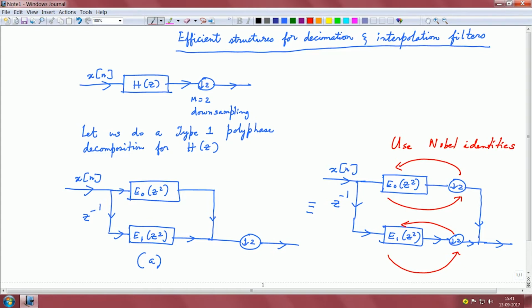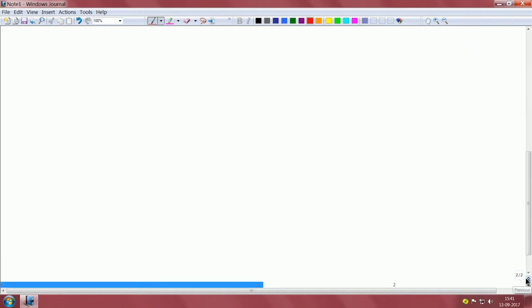Okay. So we simplify this as follows, we get x of n, we downsample this first.